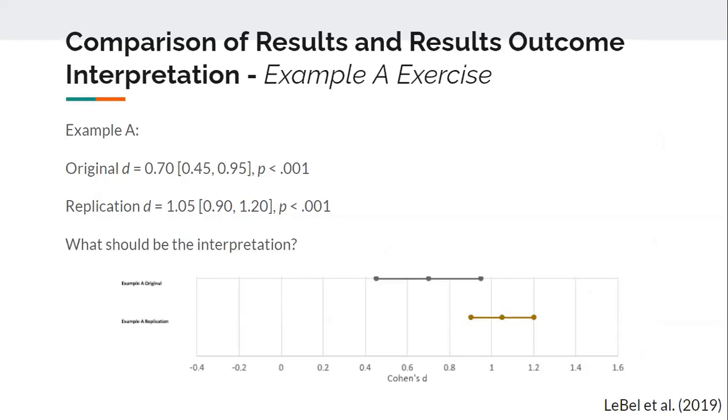And the replication d is 1.05. The lower CI is 0.90 and the upper CI is 1.20, with p falling below 0.001. What should be the interpretation? So please type your answer in chat.